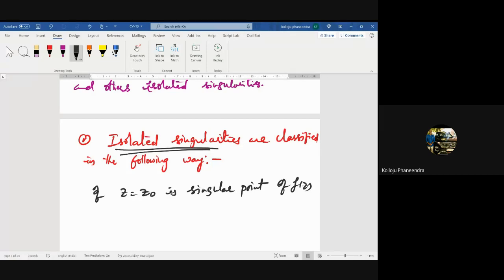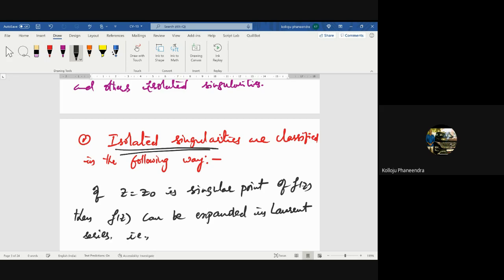If z equal to z naught is a singular point of f of z, then f of z can be expanded in Laurent series.